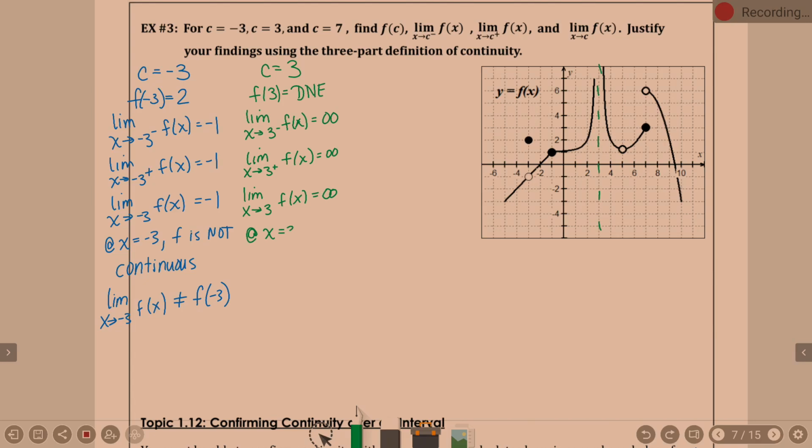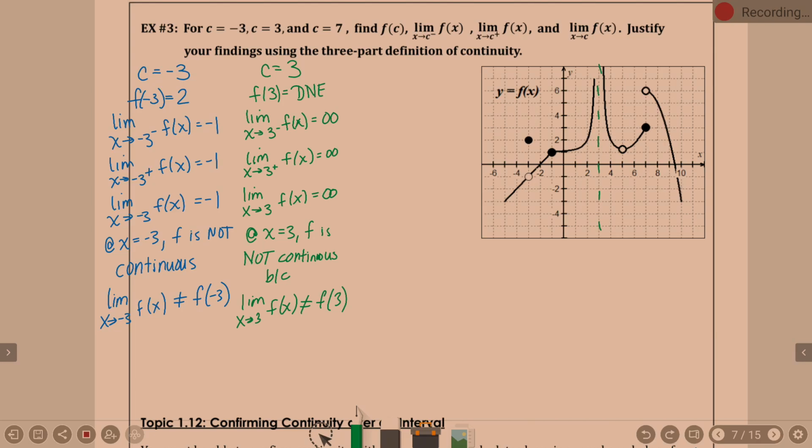So, at x equals 3, f is not continuous, because the limit as x approaches 3 of f of x does not equal the point, and that point is expressed as f of 3.